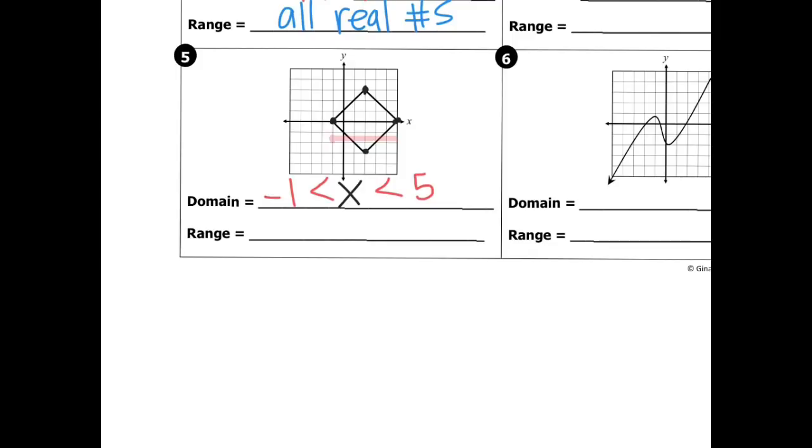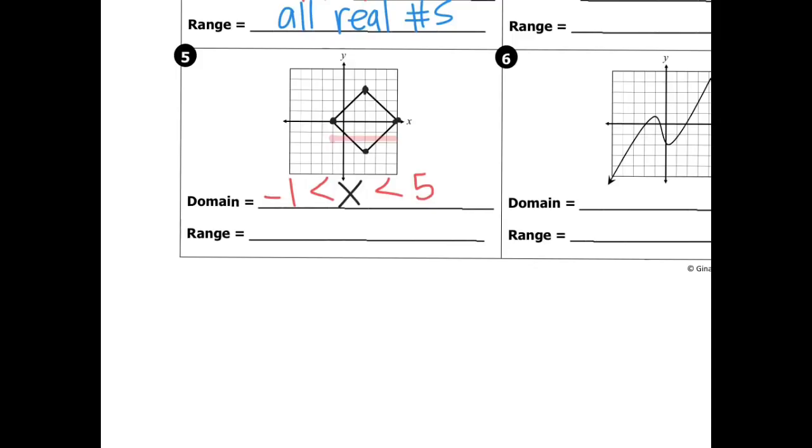So I've got my smallest value, my leftmost value here, my rightmost value here, and my x in the middle. X is greater than negative 1, x is less than 5.